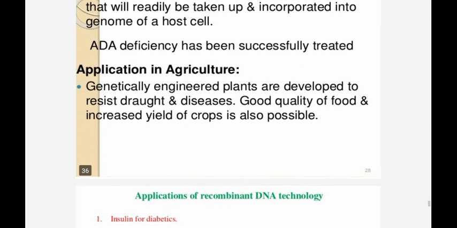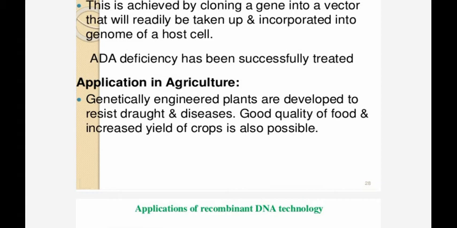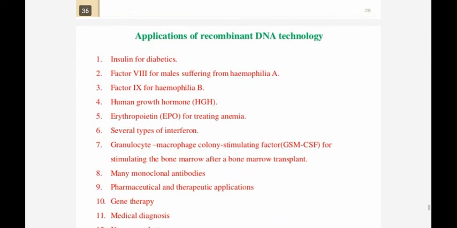Application in agriculture also. Genetically engineered plants are developed that resist drought and diseases, with good quality of food, and increased yield of crops is also possible.